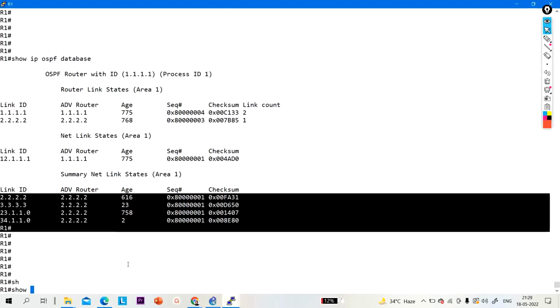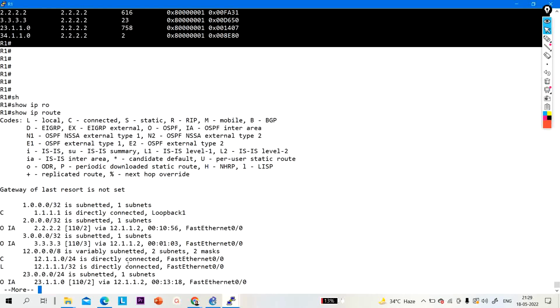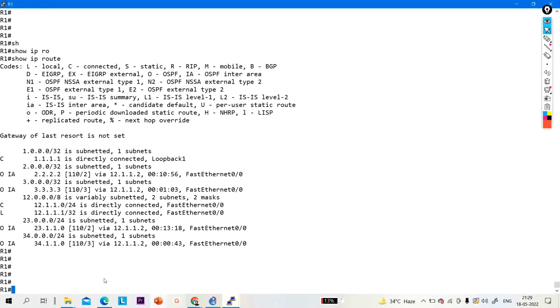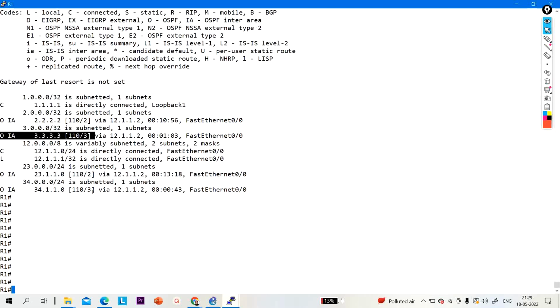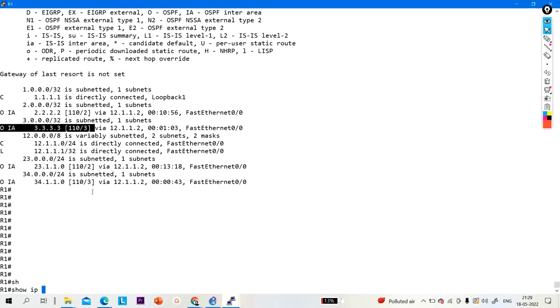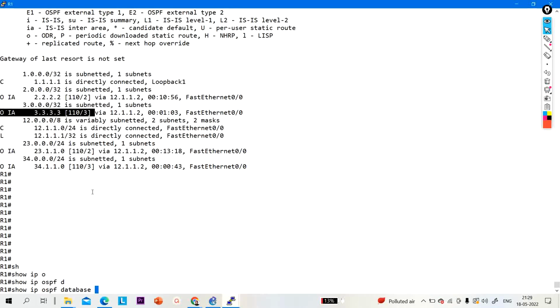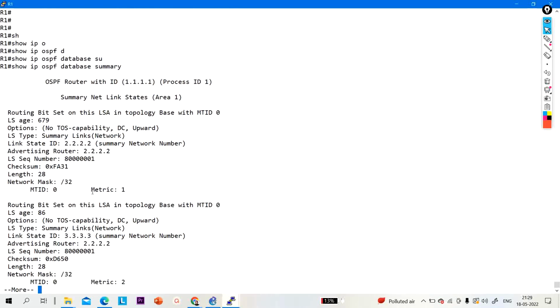Okay. So show IP route. So it is running for route. Where is 3.3.3.3? Cost for this network is... How will this router calculate cost 3? So show IP OSPF database summary, right?